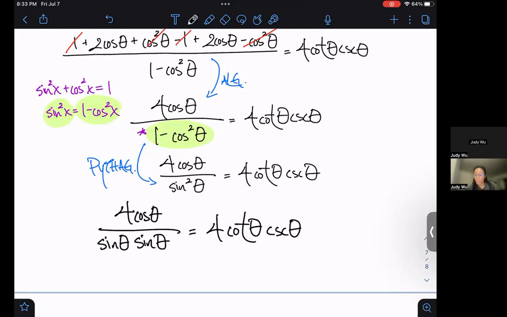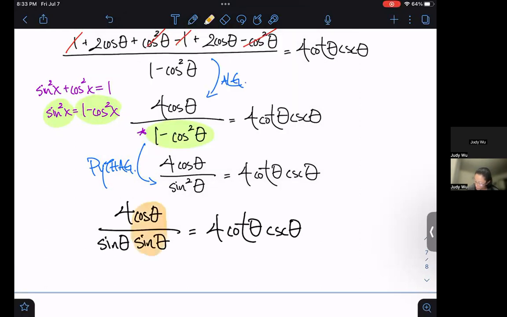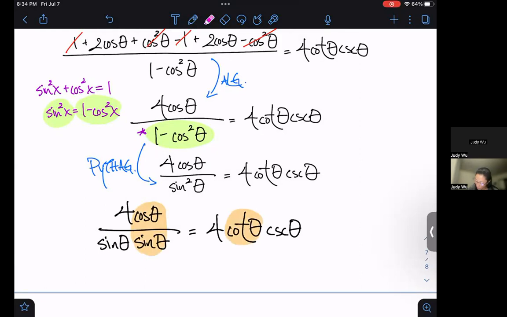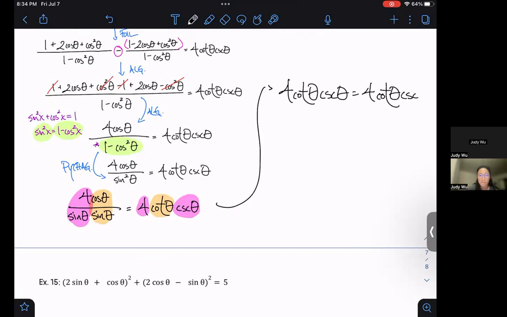One thing I might notice here is that cosine over sine is cotangent, so I can use the reciprocal identity there. And 4 over sine is really 4 cosecant. I have to be clever with the way I group these, but then I find that 4 cotangent cosecant is equal to 4 cotangent cosecant.